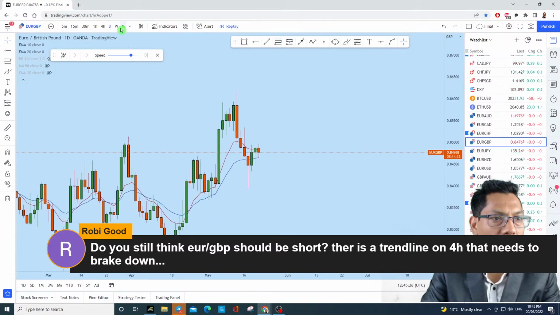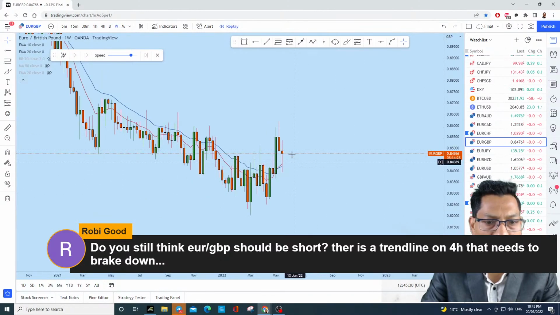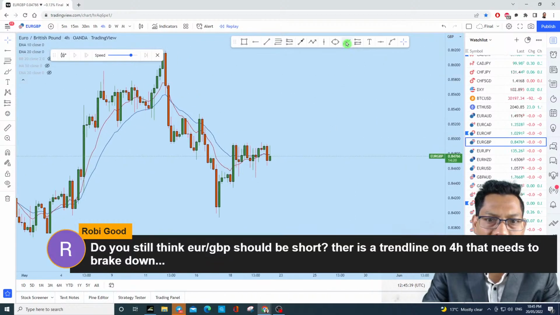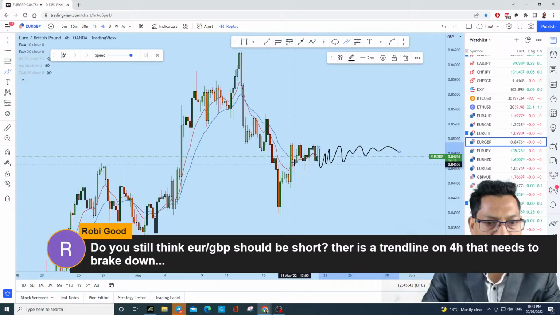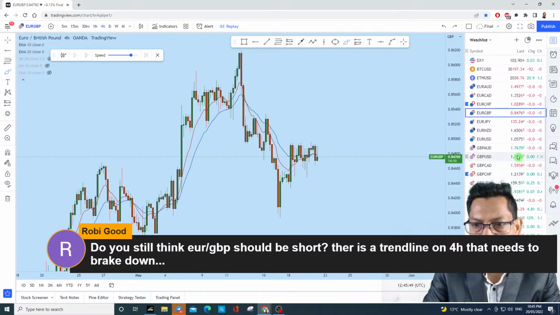Okay, Jonathan. EUR GBP is creating a doji on the weekly. Jonathan, it might go sideways because Euro and GBP look like similar kind of strength, so still the direction is not sure. You see, this is a completely sideway market. Always stay away from such a market. So EUR GBP is not sure at all.